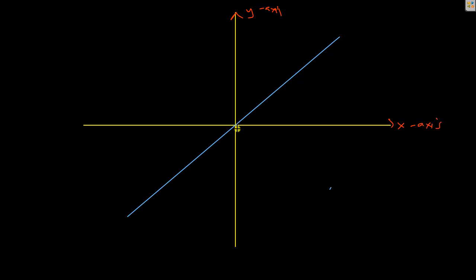Okay, I'll indicate the turning points and the intercept. So we have 0, 0. We have root 3. Just assume root 3 is here. I'll also assume negative root 3 is somewhere here. And okay, so let's now sketch the curve. I think we have all the important information we need.